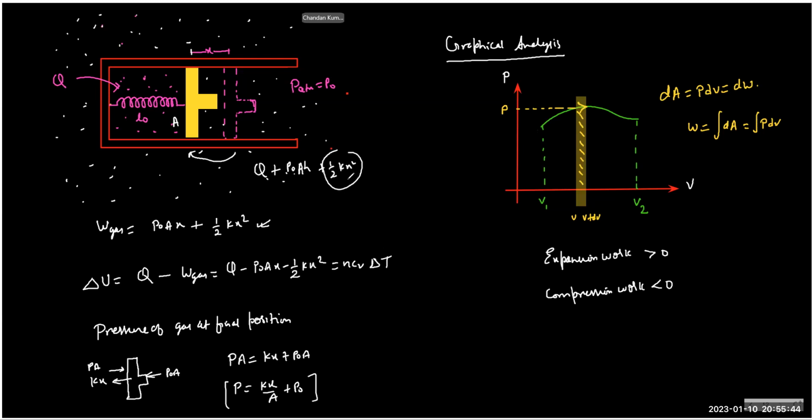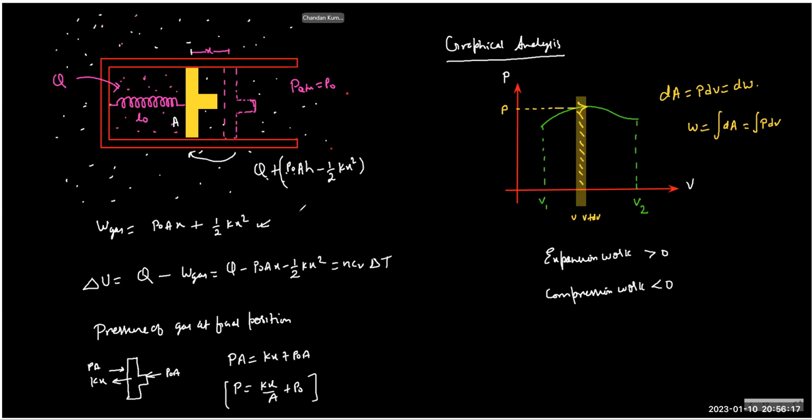So is this energy going to the gas actually? No, sir. So there is a rule. Actually, this is not the energy that goes to the gas; this is the work done by the atmosphere. Out of this work, how much energy will the gas receive? Out of P naught H, the half k x square is going to the spring itself. The gas will receive the difference of energy.